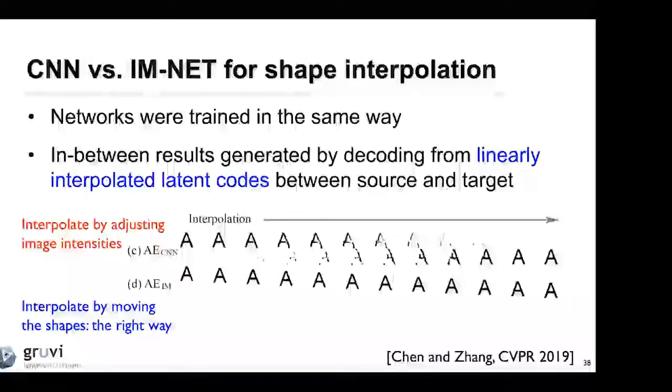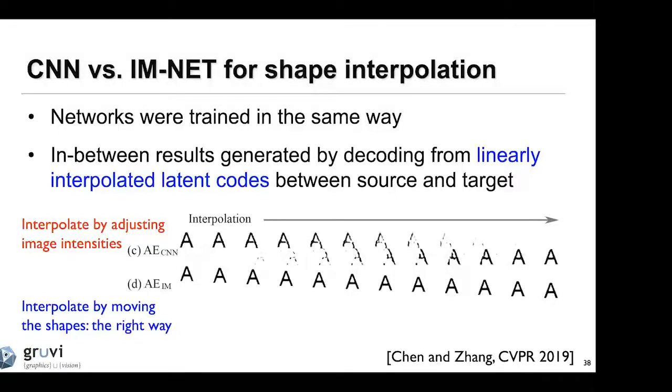And in another exercise, we do interpolation. So here you essentially have a source and a target, and then you learn this latent space and just do a linear interpolation in latent space, and you take one of the interpolated codes and generate a result. And you can again see the contrast with CNN-based decoding for interpolation, where it interpolates by adjusting the image intensities.